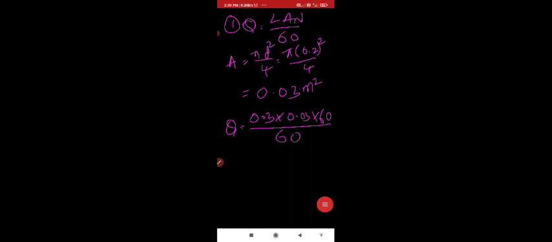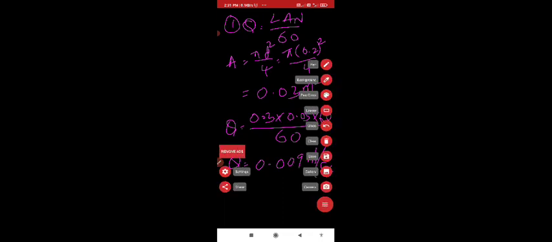Calculate it and you will get the discharge. Q is equal to 0.009 meter cube per second. This is the first one we got. The discharge Q is equal to 0.009 meter cube per second.